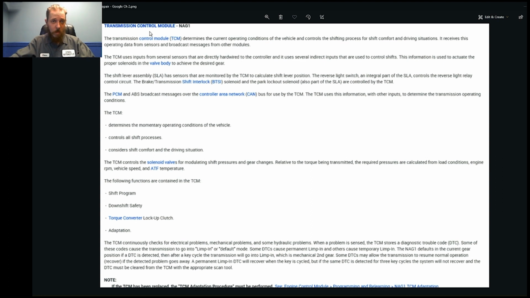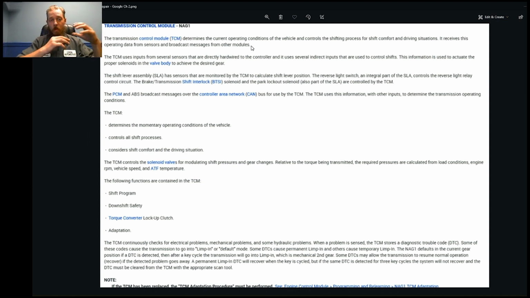Let's blab on about some TCM theory of operation. So the TCM determines the current operating conditions of the vehicle and controls the shifting processes for shift comfort and driving situations, receives operating data from sensors and broadcast messages from other modules. Really long, drawn-out way to say that, once again, this is a module that looks at certain operating conditions, controls shift strategies, and does that based off of a variety of direct and indirect inputs.